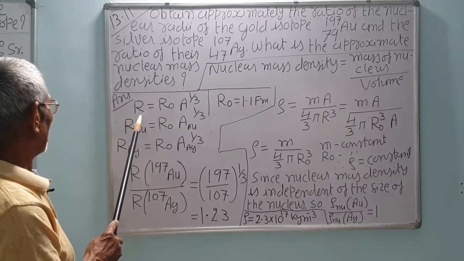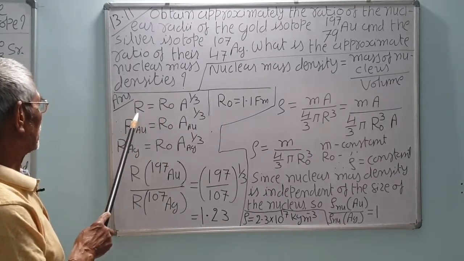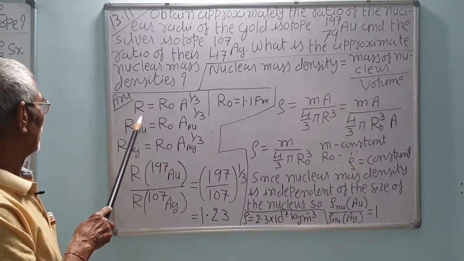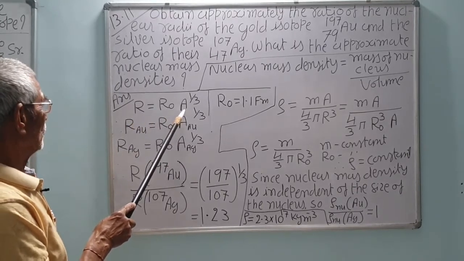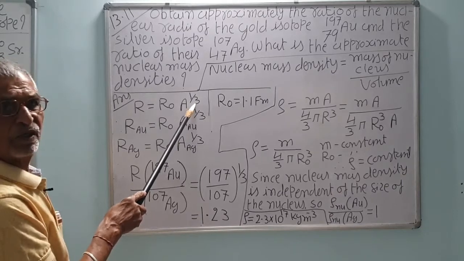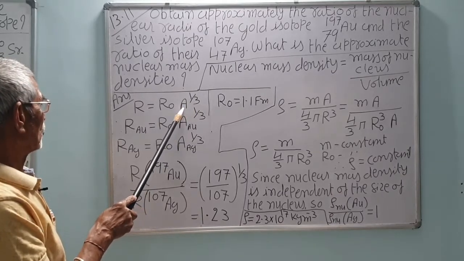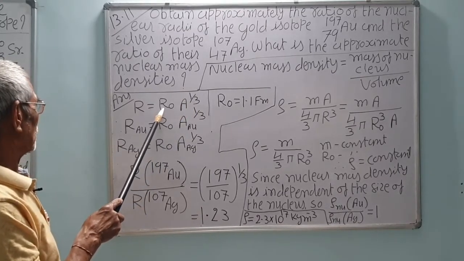We know that the radius of the nucleus is given by the equation R is equal to R0 A raised to power 1/3, correct. A is the atomic mass number, R0 is the constant.